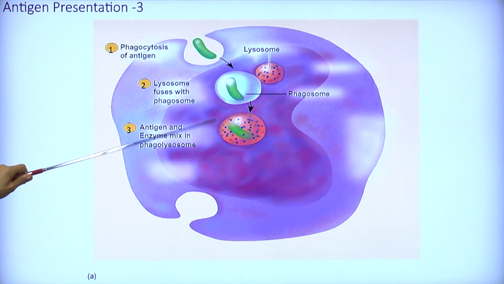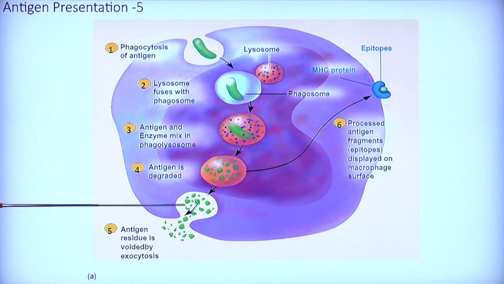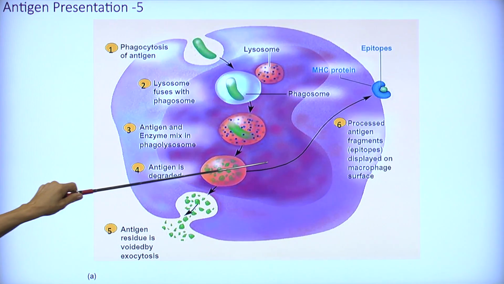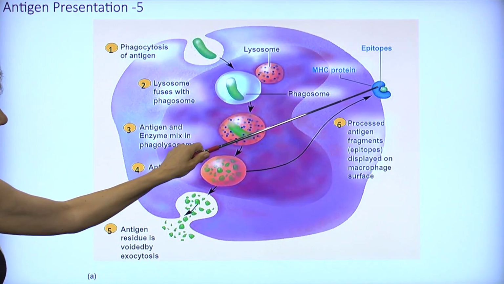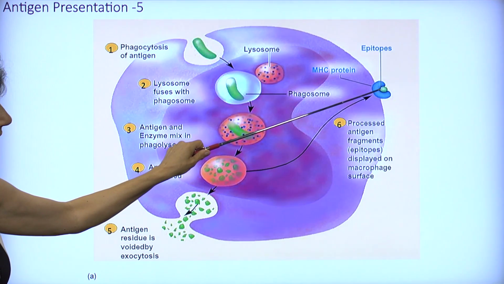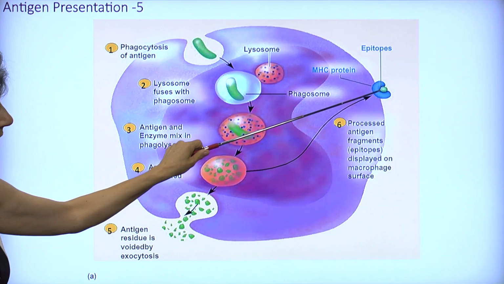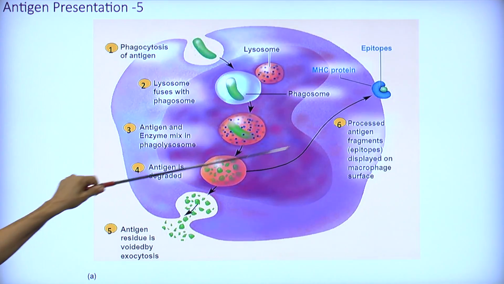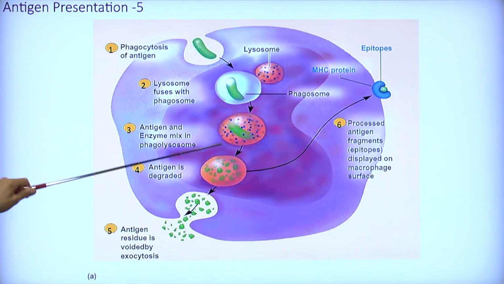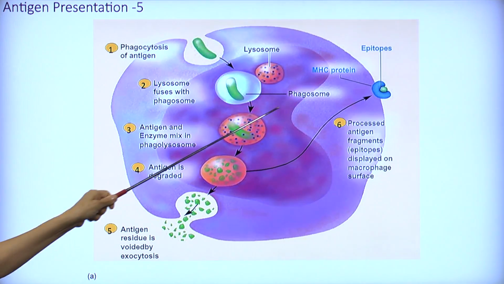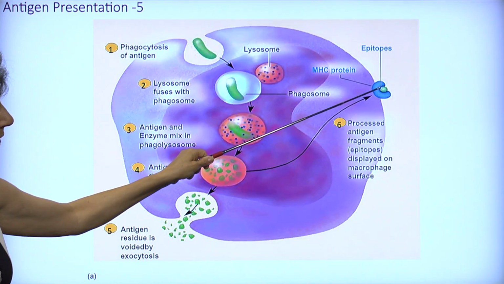It will process some of the parts, get rid of some, and it's going to take a very specific part of the antigen and present it on the surface. Guess what? It has the epitope. So the MHC protein belonging to this antigen presenting cell will present the epitope on the surface.